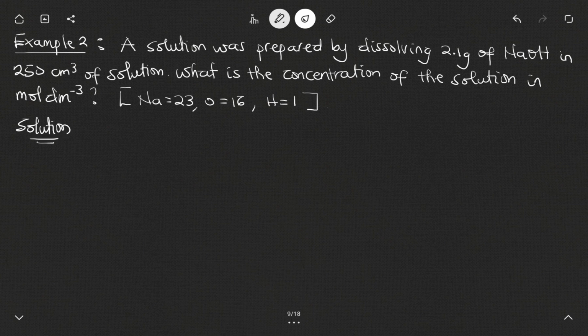So the question is saying a solution was prepared by dissolving a mass of 2.1 grams of sodium hydroxide. So we have the mass of sodium hydroxide given to us in the question as 2.1 grams.